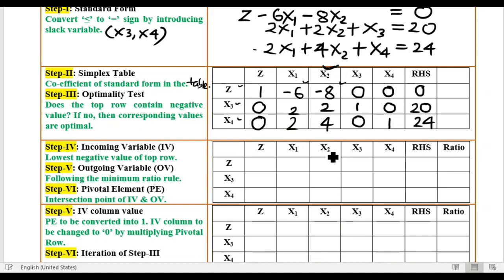So how do we find the ratio? This column is my incoming variable.